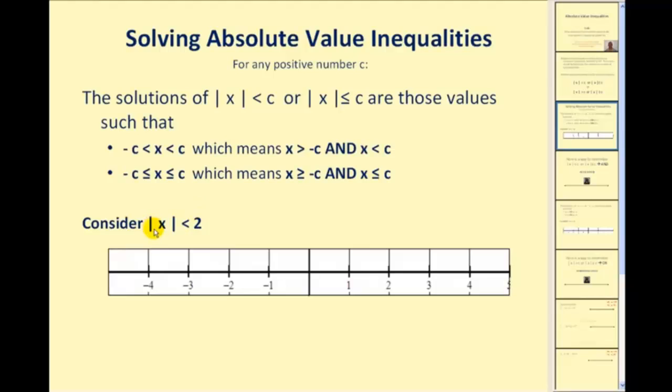So let's consider the absolute value of x less than 2. Remember that absolute value is a number's distance from 0. So we want all the numbers whose distance from 0 is less than 2 units. Well, we know that we could go to the right with an open point on 2 and move toward the left closer to 0, but we can't go any further from 0 on the left than an open circle on negative 2.